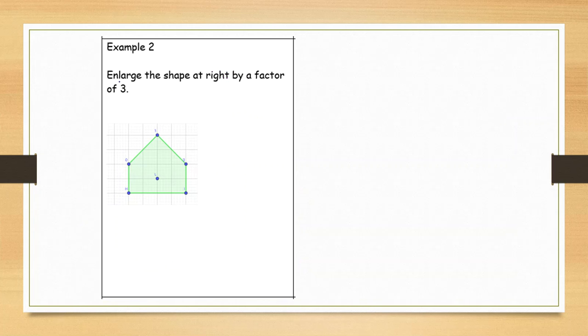Example 2, enlarge the shape below by a factor of 3. So that means that this distance here, 4, we times by 3. So in our image, this side will be 4 times 3, which is 12.